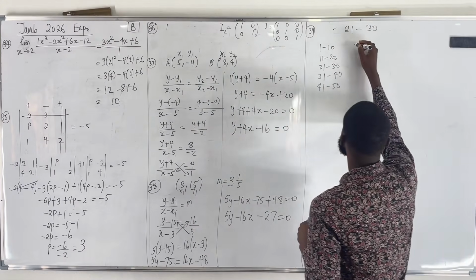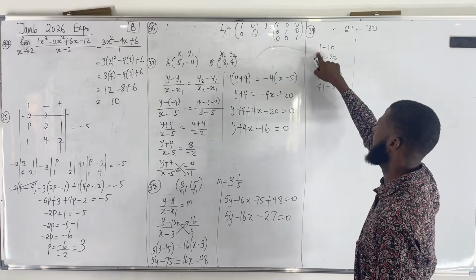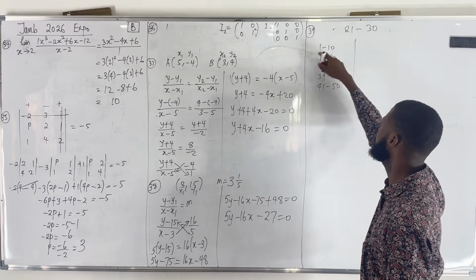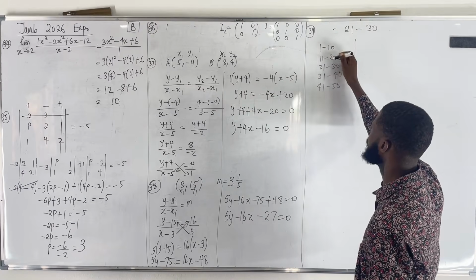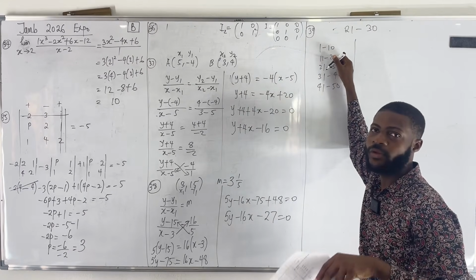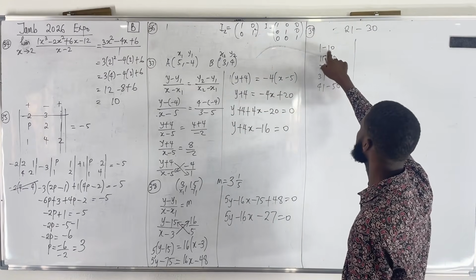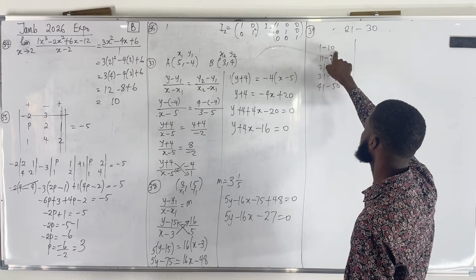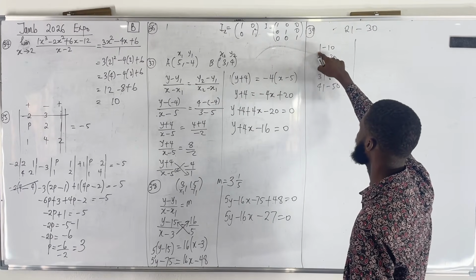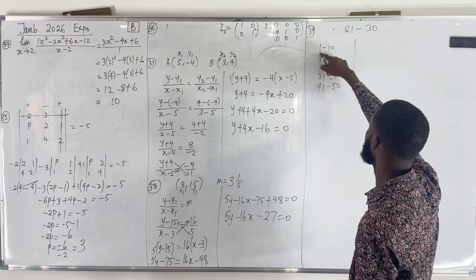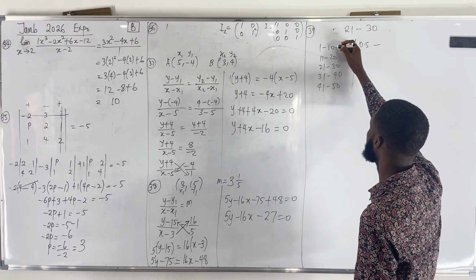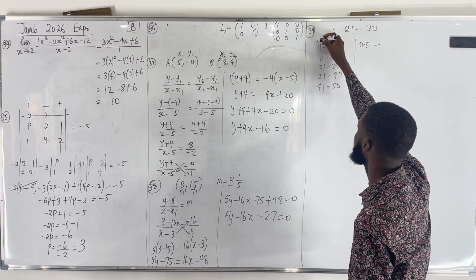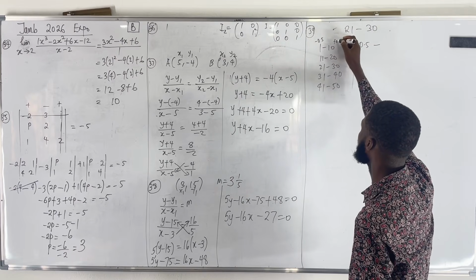To convert it, at the lower class, we subtract 0.5 because the difference between 10 and 11 is 1. What is 1 over 2? 1 over 2 is 0.5. So to change this to a continuous set of data, we subtract 0.5 from the lower limit and add 0.5 to the upper limit.